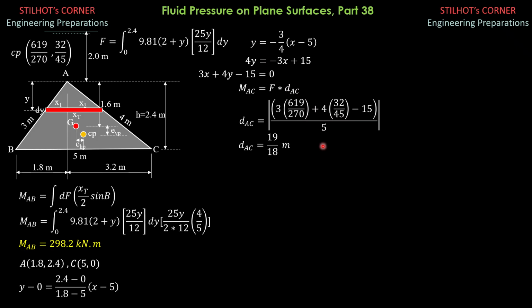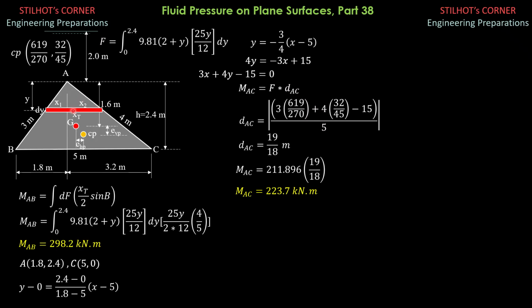Then substitute, because F is known, 211.896 times 19 over 18. So moment about AC is equal to 223.7 kilonewton meter. Likewise, by integration, remember the differential force acts at the centroid of this horizontal rectangular strip. Then this is the perpendicular distance.